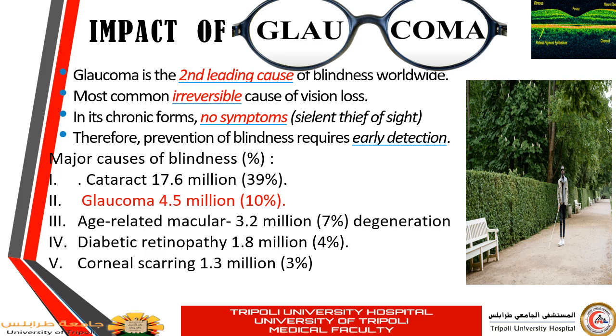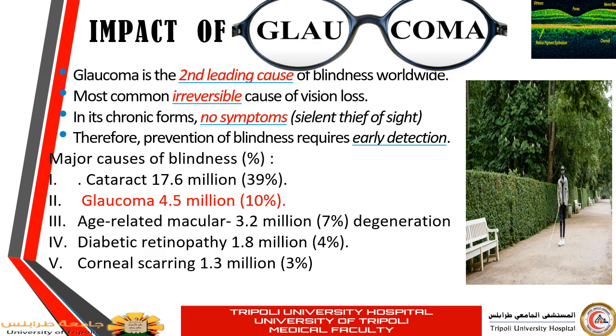Now, if we speak about the most common causes of irreversible blindness in the developed countries, age-related macular degeneration is the most common, and in the developing countries, diabetic retinopathy is the most common. However, if we speak globally about both reversible and irreversible, the most common cause of blindness is cataract, followed by glaucoma.